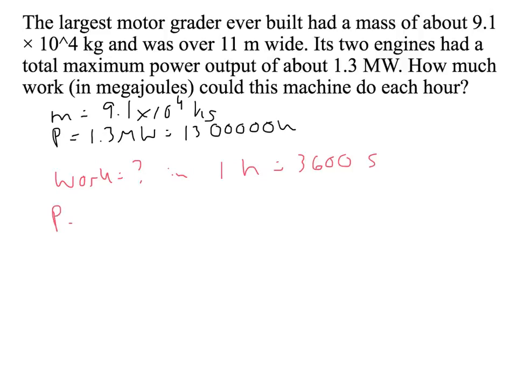There's our equation. Power equals work over time, because we know work is equal to the change in energy, because you do work to change the energy, right? So we can use this equation here.